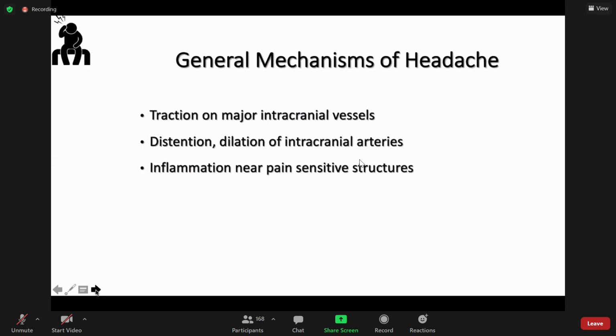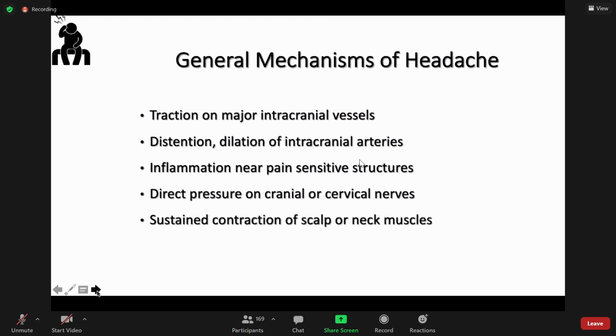Inflammation near the pain-sensitive structures, such as the sinuses and so on, can also cause it. Direct pressure on cranial nerves or cervical nerves, such as a herniated disc or a tumor that compresses the pain-sensitive nerves, is another mechanism.